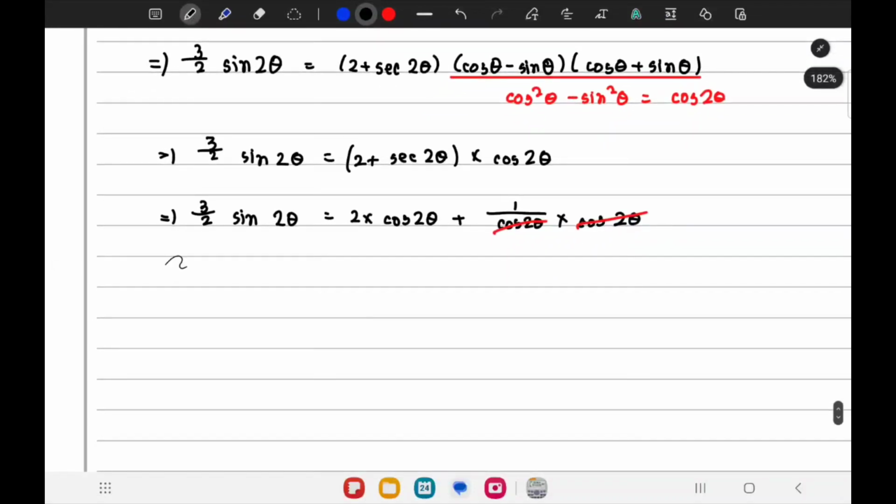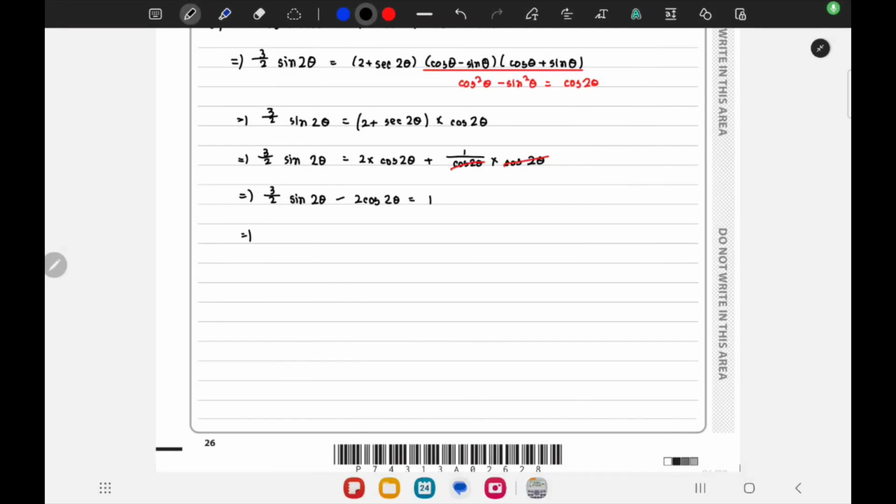We'll get 3 by 2 sine 2 theta minus 2 cos 2 theta equals 1, and by multiplying both sides by 2 we'll get 3 sine 2 theta minus 4 cos 2 theta equals 2.